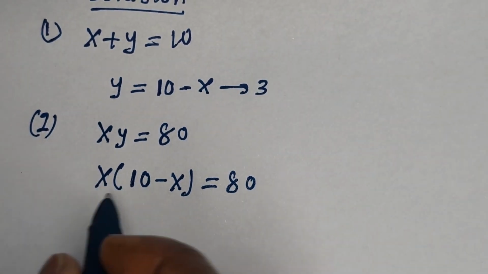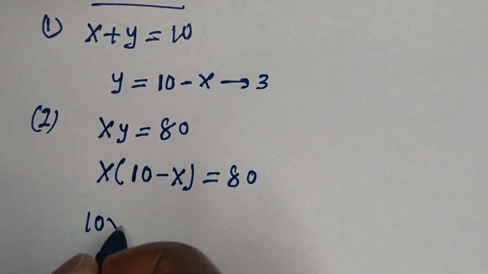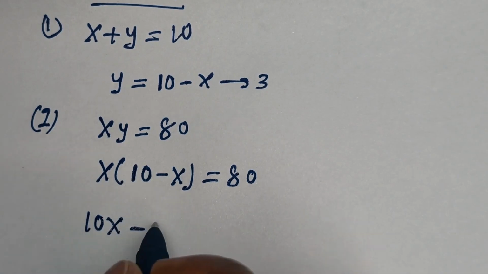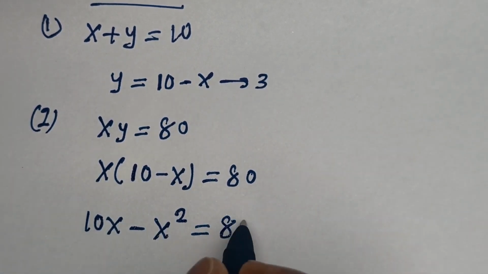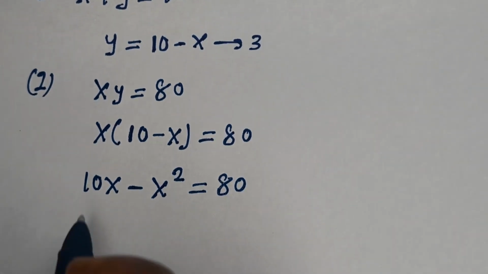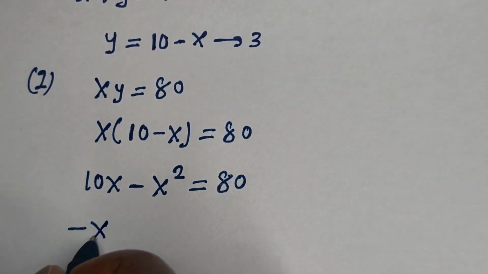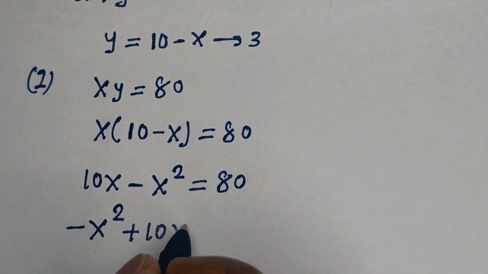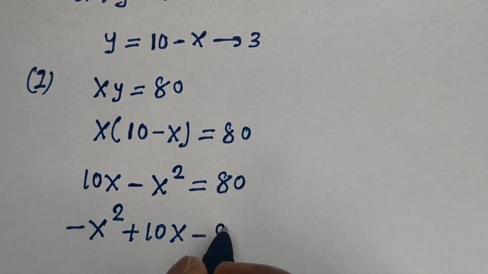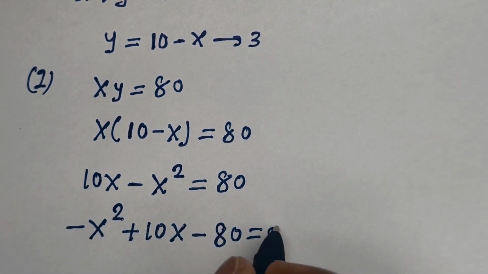Now x multiplied by 10, this is 10x minus x multiplied by x, x square is equal to 80. Now we have minus x square plus 10x minus 80 is equal to 0.